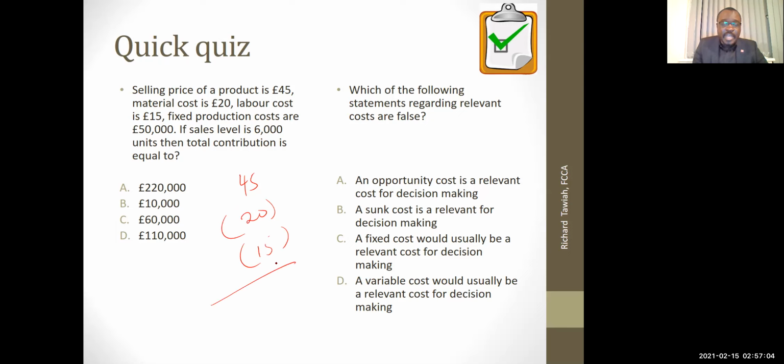Okay, contribution per unit. Margin of safety, by its name, tells us that there's a buffer zone. More or less, I will use a word like a buffer zone where there is the safety of making profit, so we end up making profit.